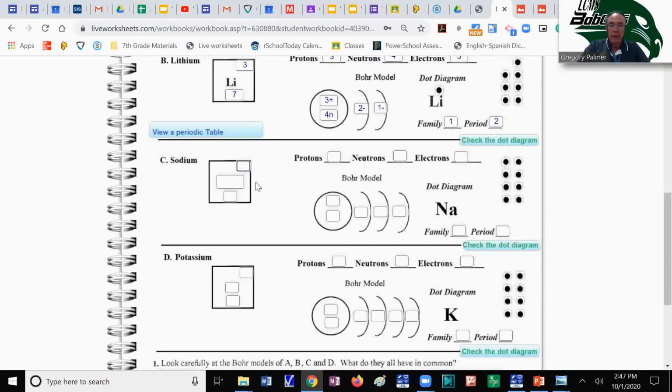So I'm going to put in the atomic number is 11, the symbol is Na, and the mass is 23. So we know that it has 11 protons. We also know that it will have 11 electrons. Find the neutrons. 23 minus 11 is 12. Now we can make our nucleus. We have 11 protons, we have 12 neutrons.